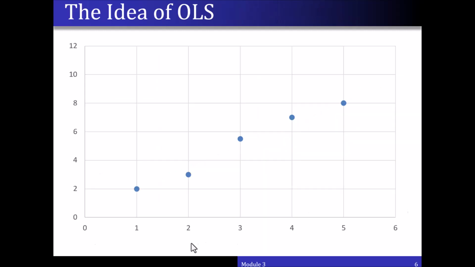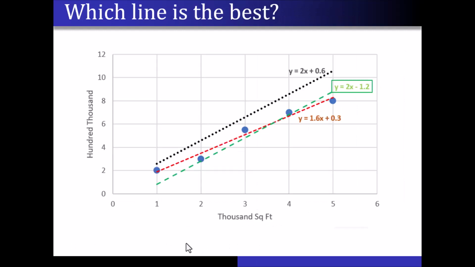For example, assume that I have these 5 dots again. I have drawn these 3 lines: the first one is the black line, then the red line, and the green line. Which one minimizes the sum of squared residuals is going to be my least squares line. The calculations give the following results. The sum of squared errors in the red line is 0.6, in the black line is 13.45, and in the green line is 2.65.